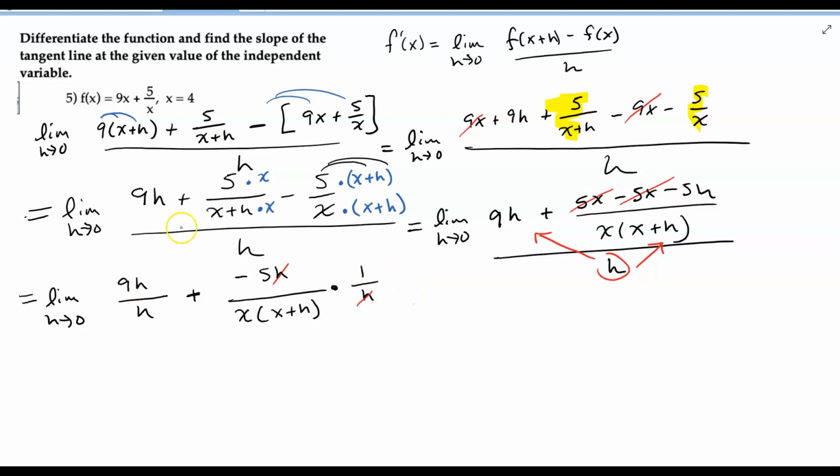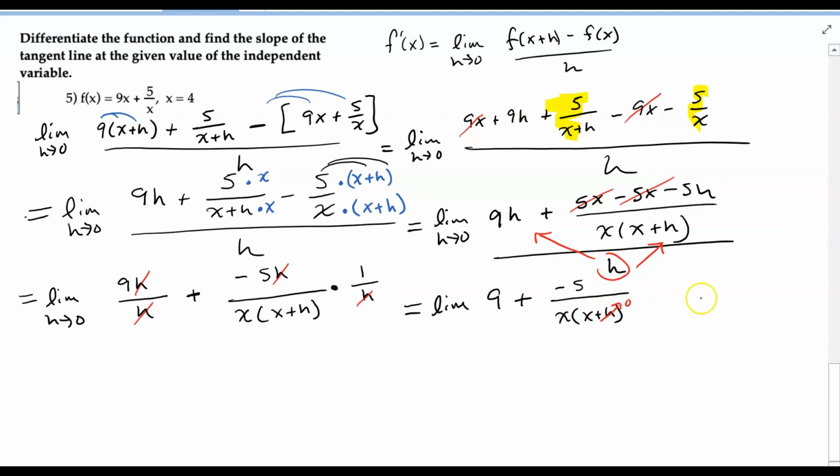Now I can see that this h and this h also cross out. So I'm left with this limit: 9 minus, or I could say plus, a negative 5 over x times x plus h. And I remembered that h goes to 0.